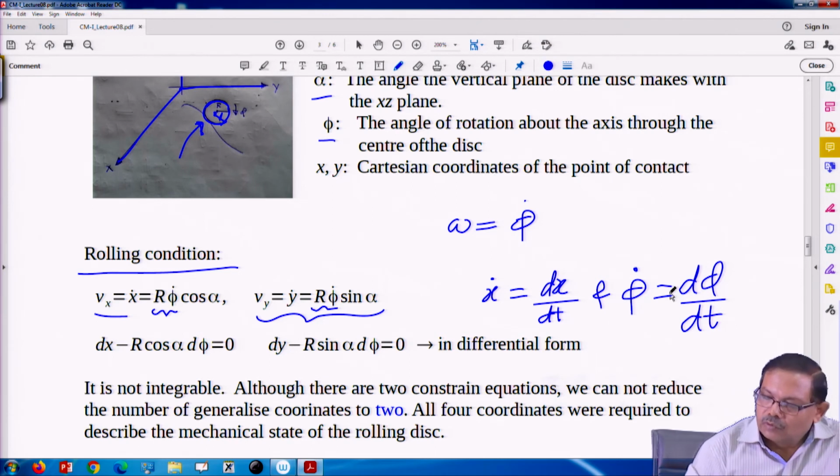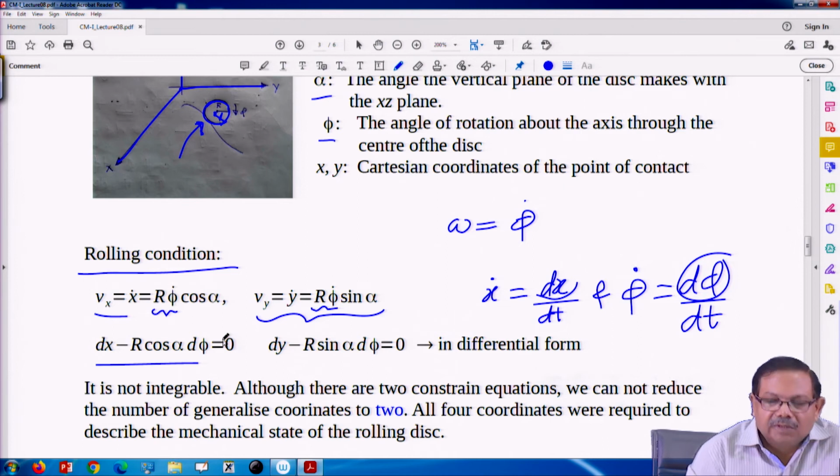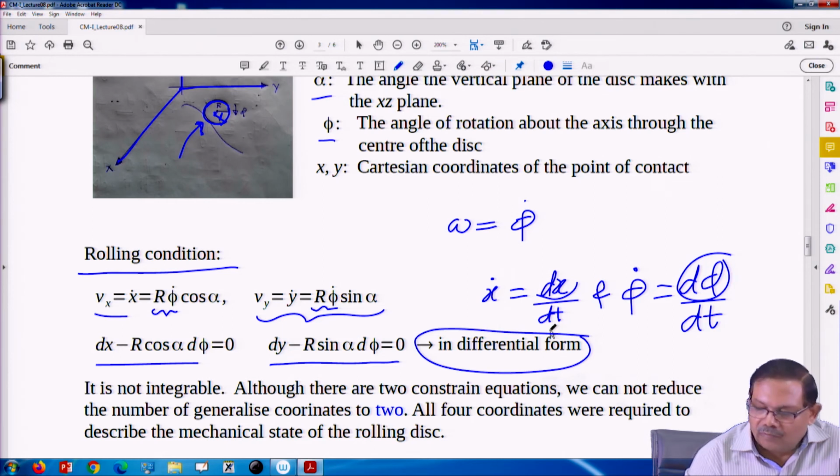Okay. So, I can write in terms of these differentials dx and d phi. So, dx minus r cos alpha d phi equal to 0. I put both the things on the same side, and similarly I have dy minus r sin alpha d phi equal to 0. So, these are the constraint equations in differential form.